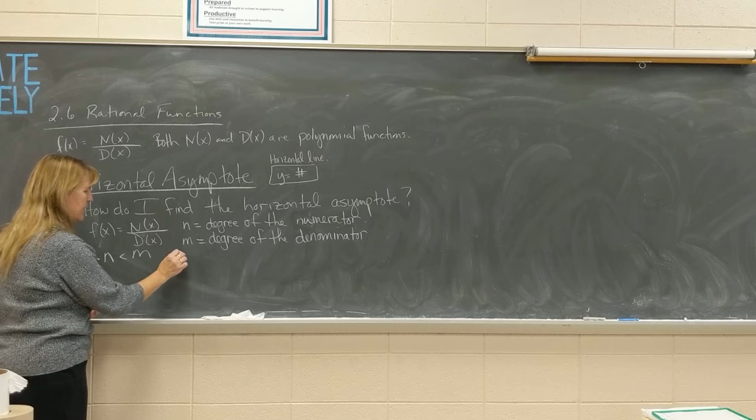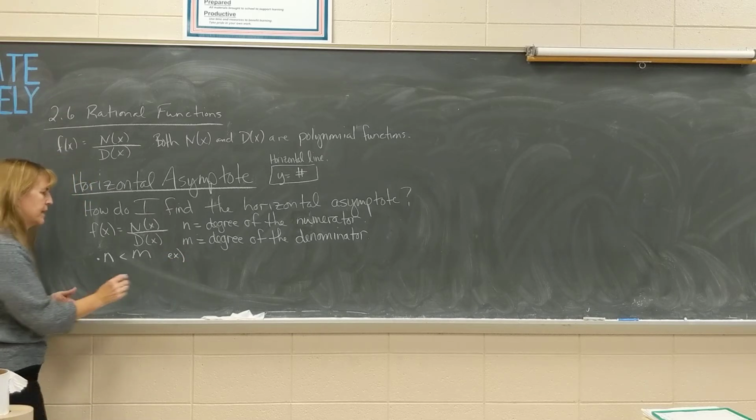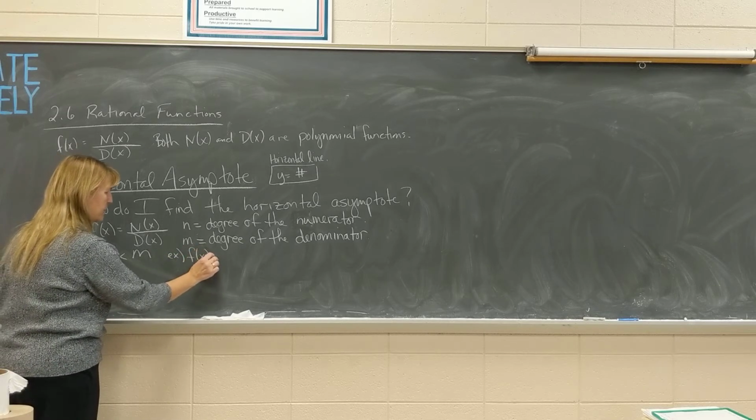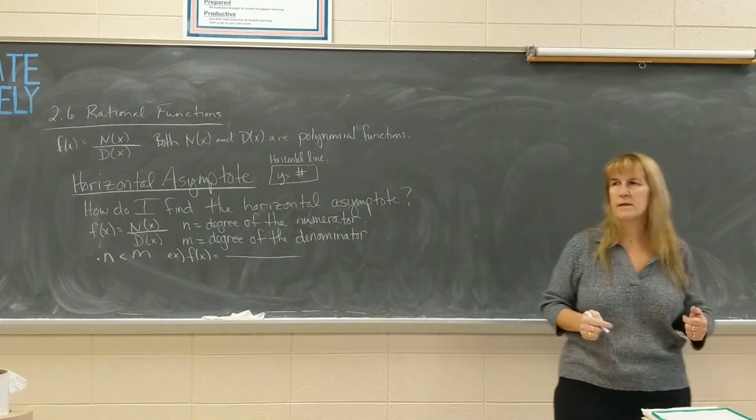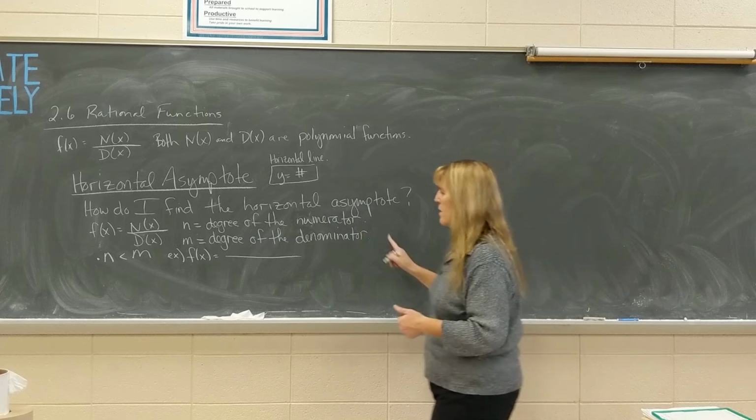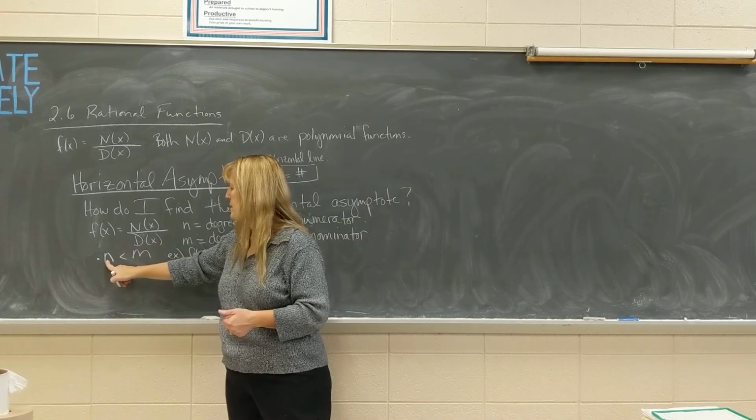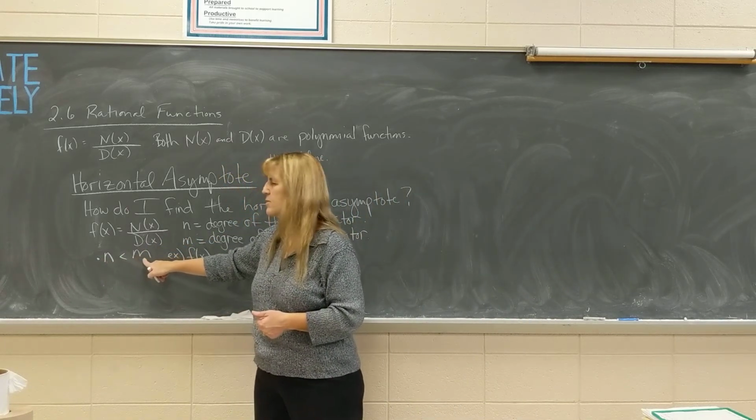And here's an example for that. F of x equals, it's got to be a polynomial on the numerator and a polynomial on the denominator, where the degree of the numerator is smaller than the degree of the denominator.